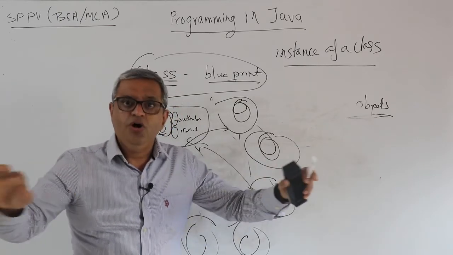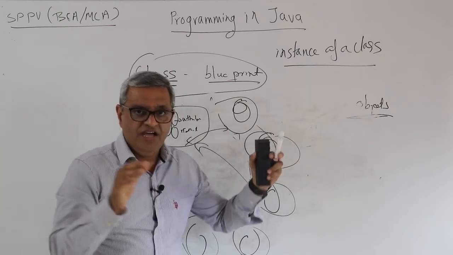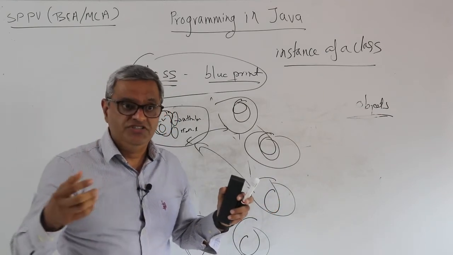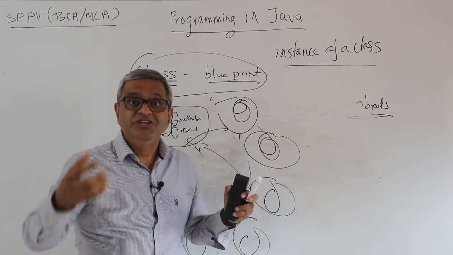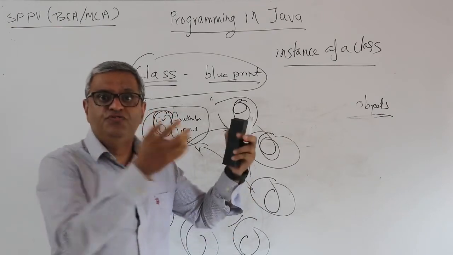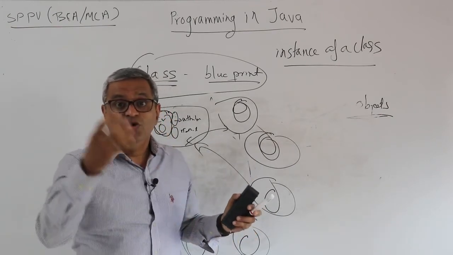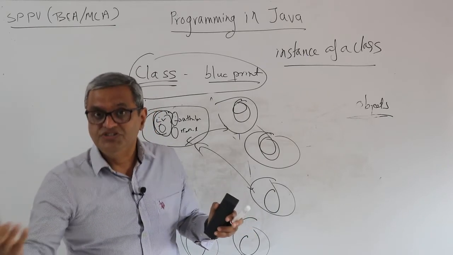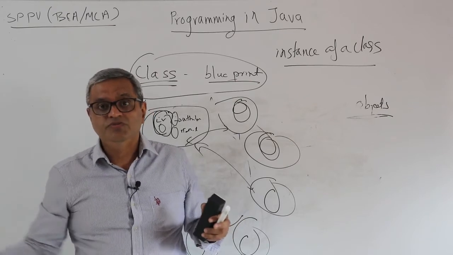So all the objects around you can have a class, and if there are 10 chairs, they are nothing but 10 instances of class chair. So number one chair is the first object, number two chair is the second object. These are tangible objects.